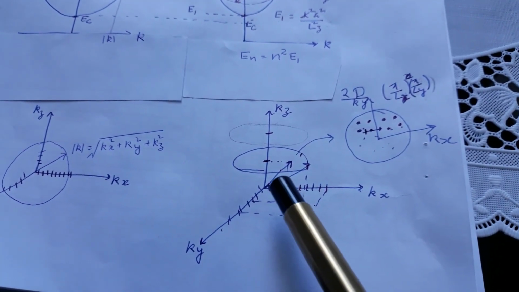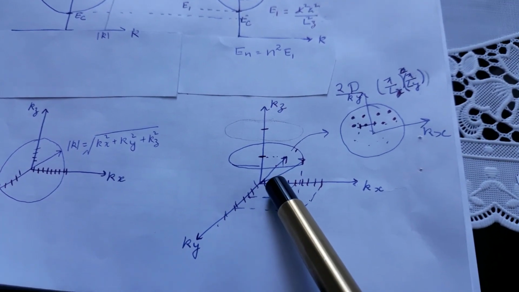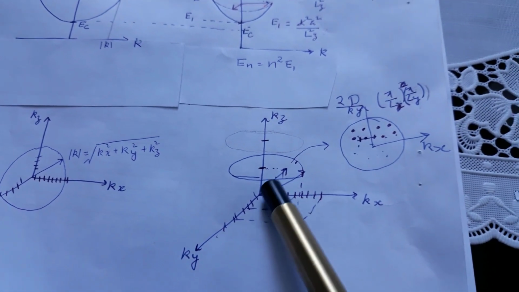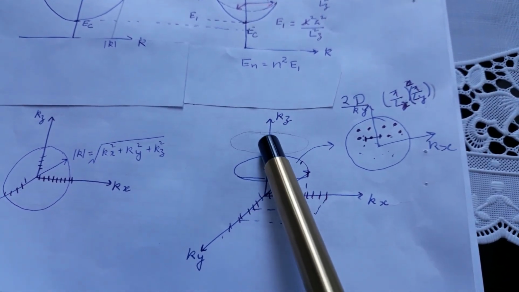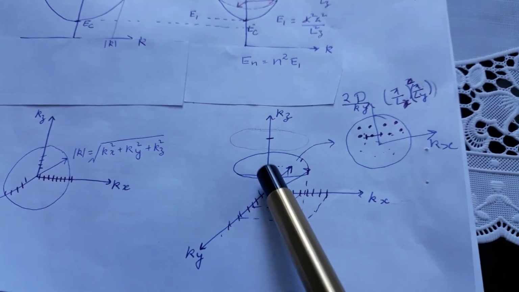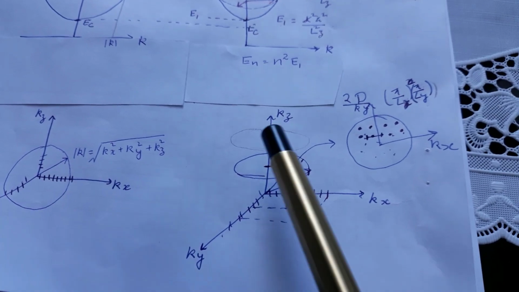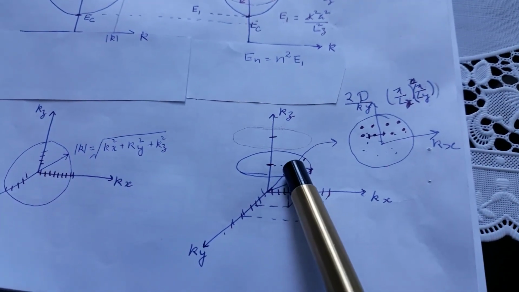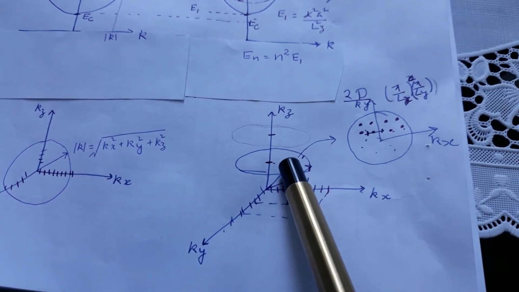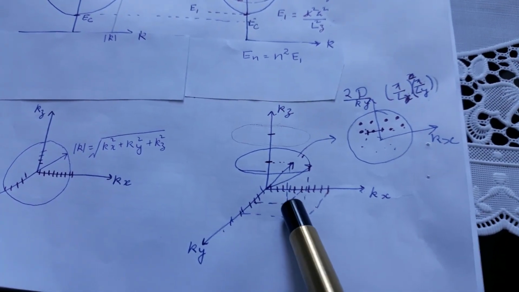So it means that any k vector that we draw in this space will be in such a manner that its z component will have to come here. There will be no k vector allowed between this first kz value and the second kz value. So if we have this k vector, it will have one component here and two components in this direction.